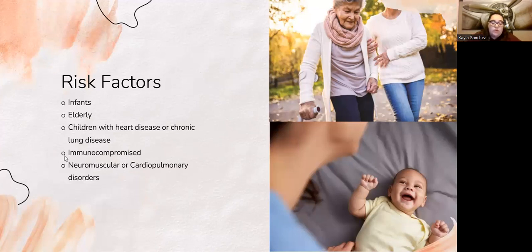Children with heart disease or chronic lung disease from birth, they're also very at risk. Immunocompromised and people with neuromuscular or cardiopulmonary disorders. Those are all the people that are most at risk of getting a severe case of RSV. Because everybody gets it, by the age of 2 or 3, everybody gets it.